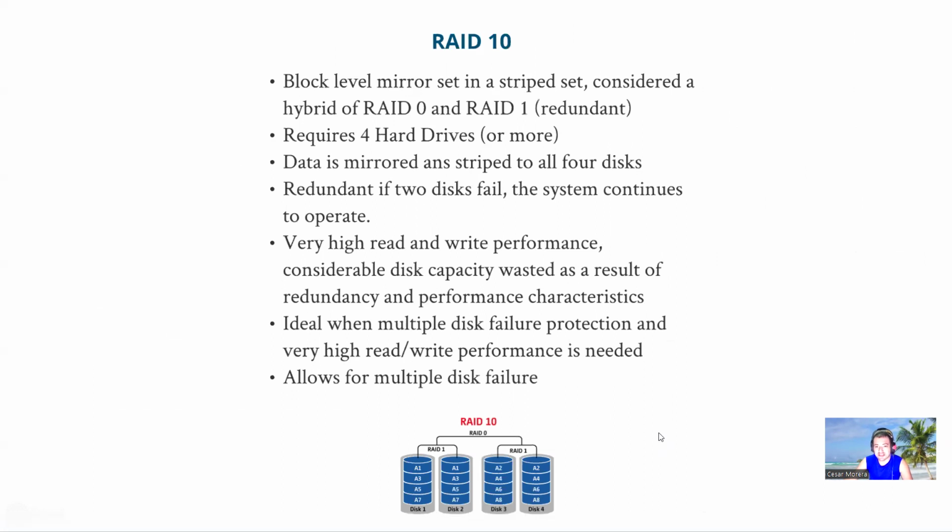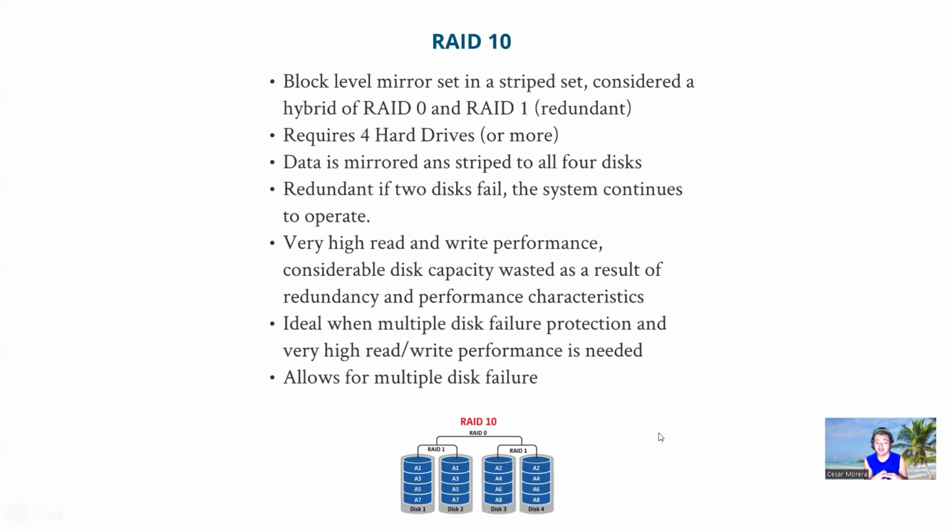Block level mirror set in a striped set, considered a hybrid of RAID 0 and RAID 1, redundant. It requires four hard drives or more. Data is mirrored and striped across all four disks, redundant. If two disks fail, the system continues to operate.